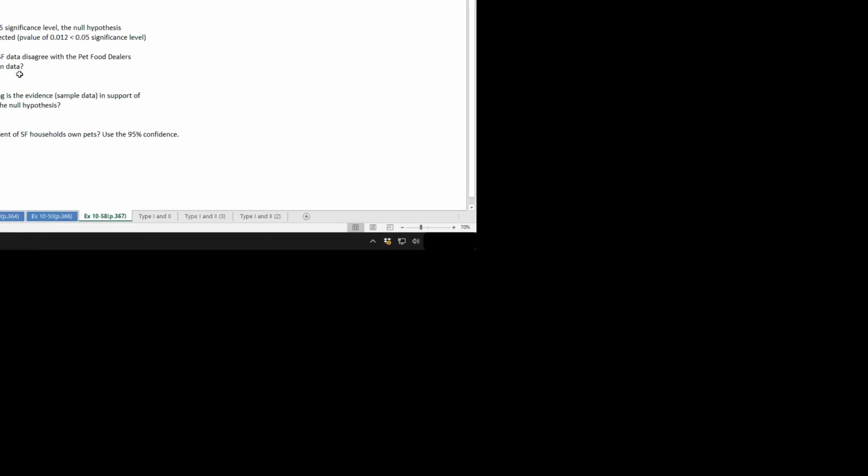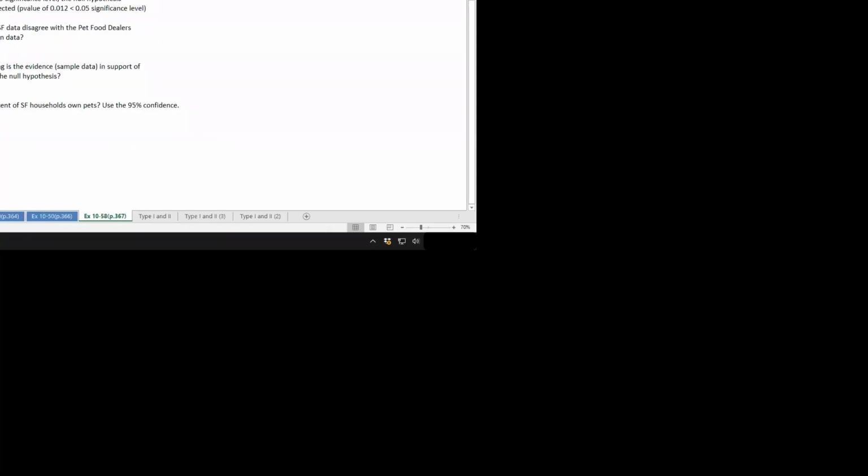So what's our conclusion? At the 0.05 significance level, will the null hypothesis be rejected or not? Again, just look at the p-value. It's going to be rejected. The p-value is 0.023. It's less than the significance level.